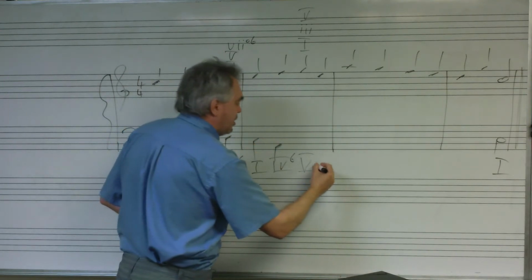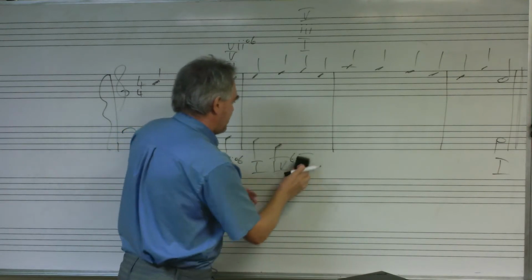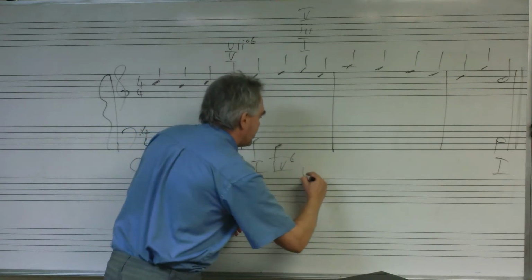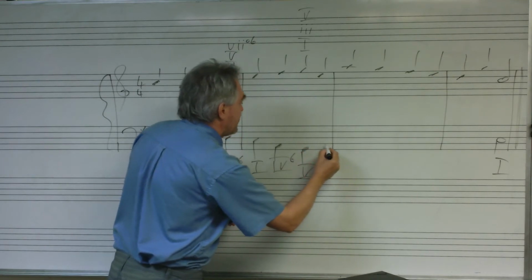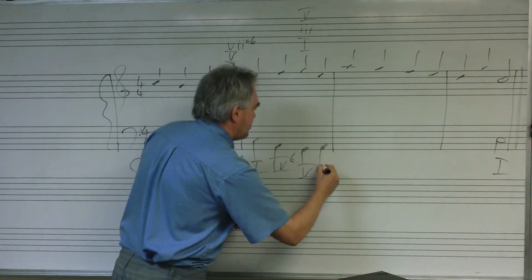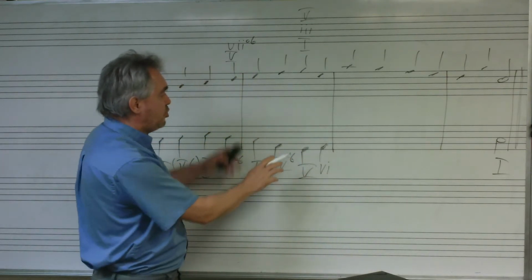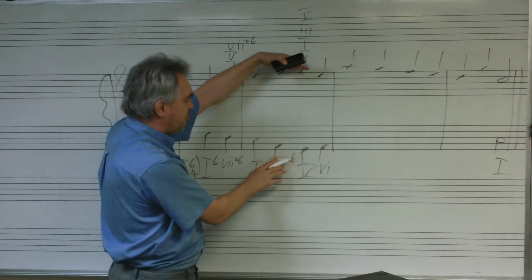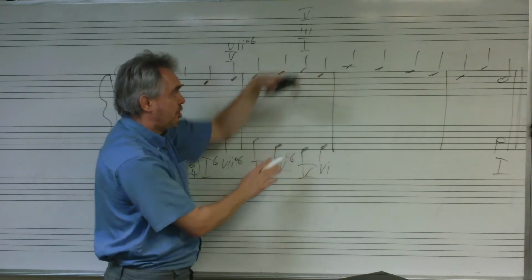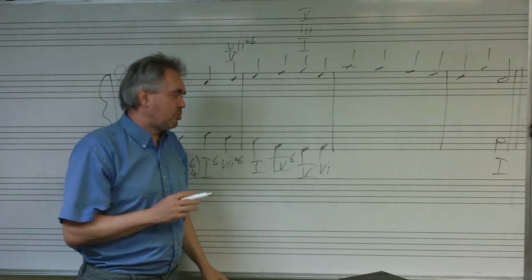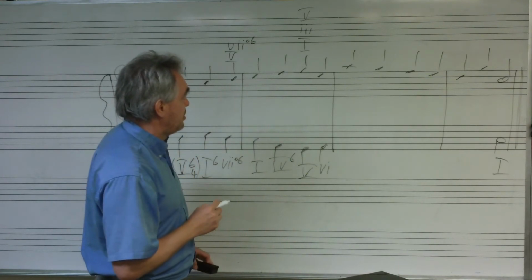So if we're actually going to V, I will write this a little lower so I have more space here. Then we can have G here, and we could go to Roman vi here. And we do want to have a contrary motion. Whenever we go from V to vi, we want the upper voices to go in contrary motion to the bass, to avoid parallels.